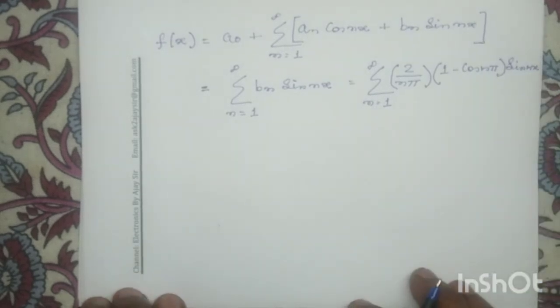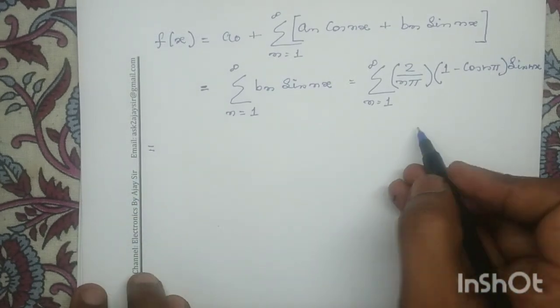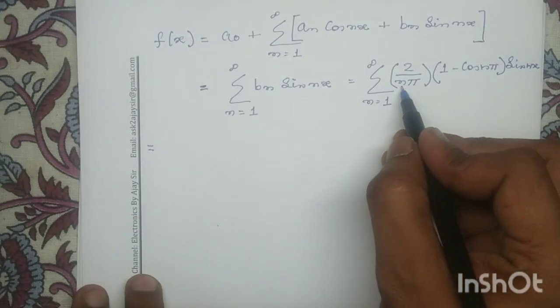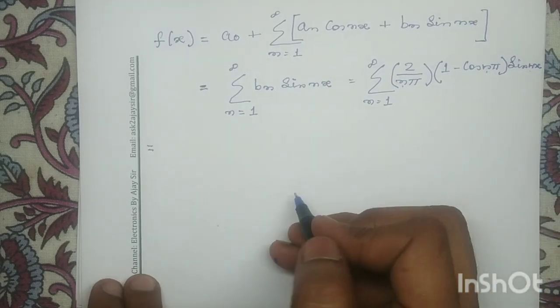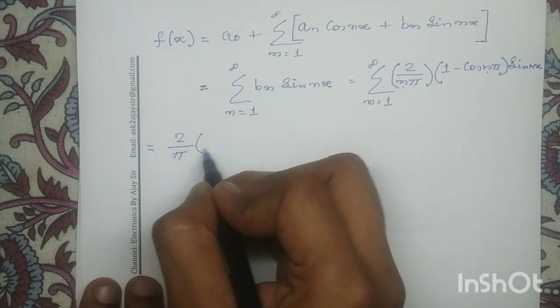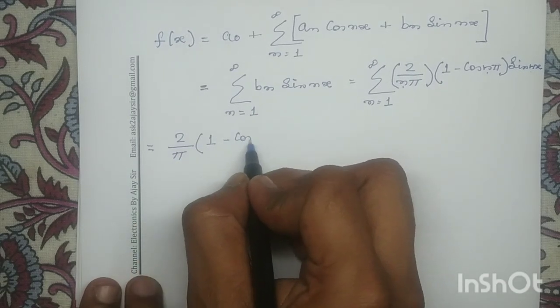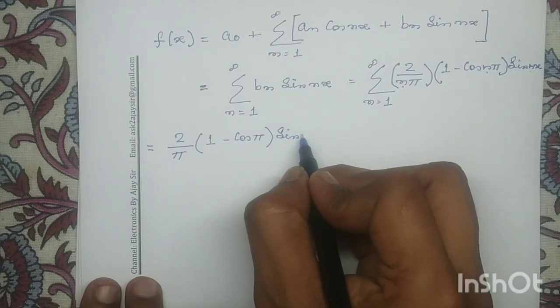Now let me open this expression for a few terms. First, for n is equal to 1, here I will substitute 1, here I will substitute 1, here also I will substitute 1. So the expression becomes 2 by pi, 1 minus cos pi into sine x.